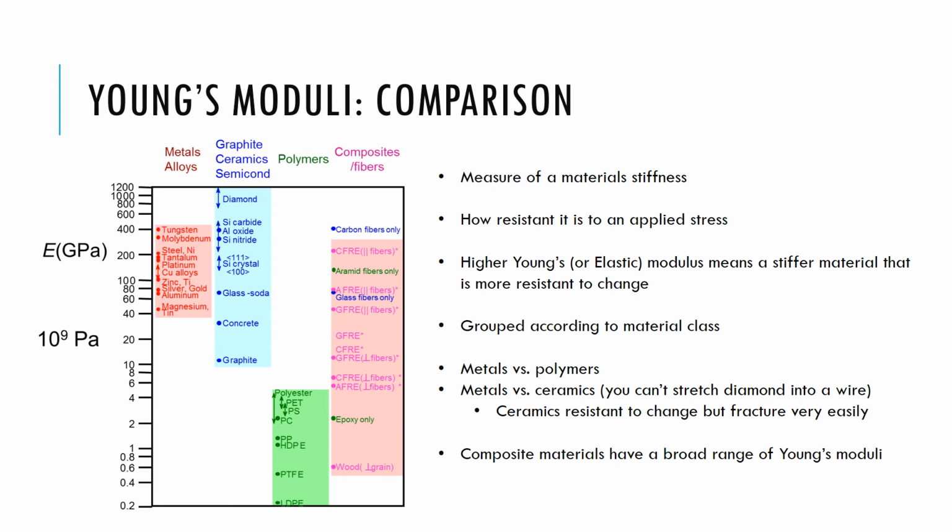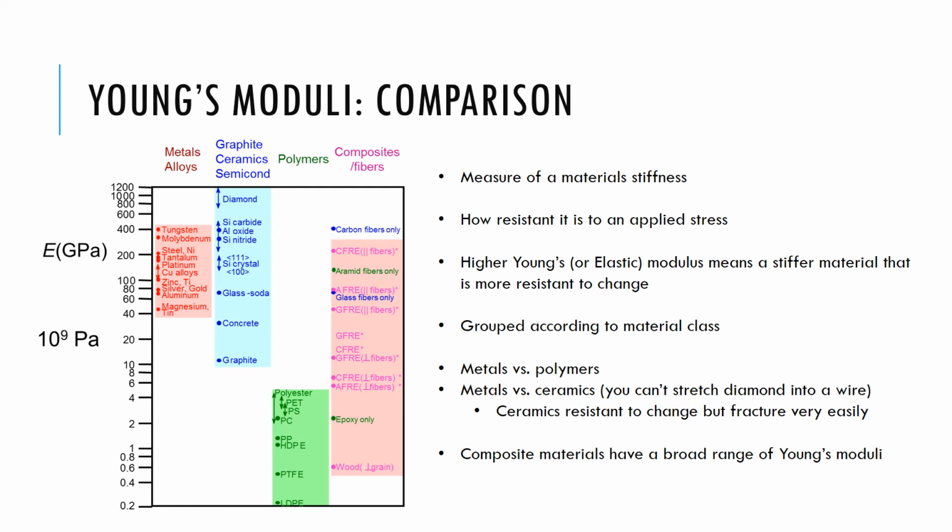Now that Young's modulus, or the elastic modulus of a material, is a measure of its stiffness, if you like. It's the resistance that it has to an applied stress. If you have a higher Young's modulus, it means that your material is stiffer and it's more resistant to change. And we tend to group them according to material class. So if you look at the difference between a metal and a polymer, look at the difference in Young's modulus.